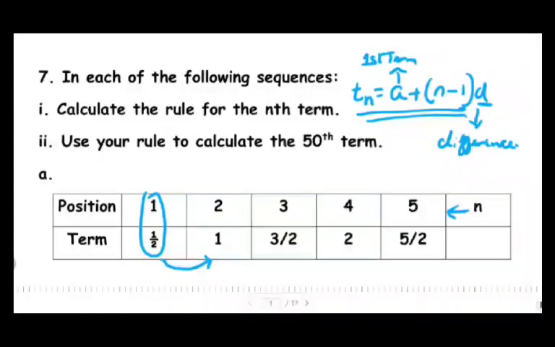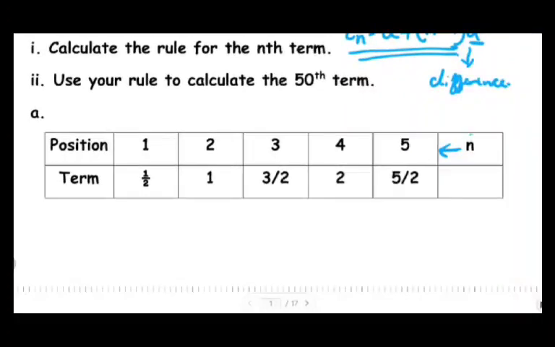So with this basic information, let me start explaining this to you. I'm going to first find out the general rule, and then we shall look at the 50th term as asked in the sum.